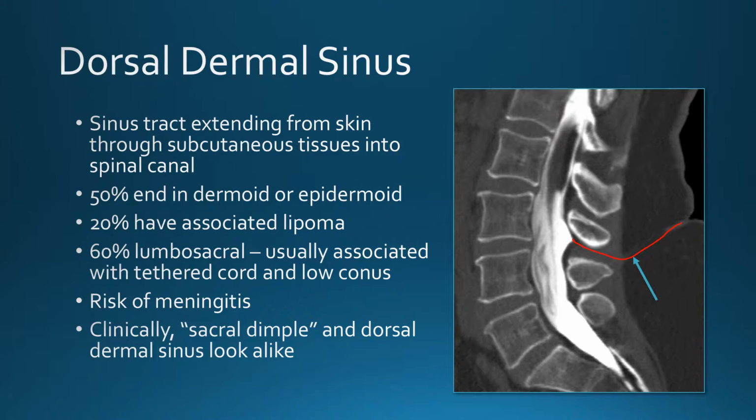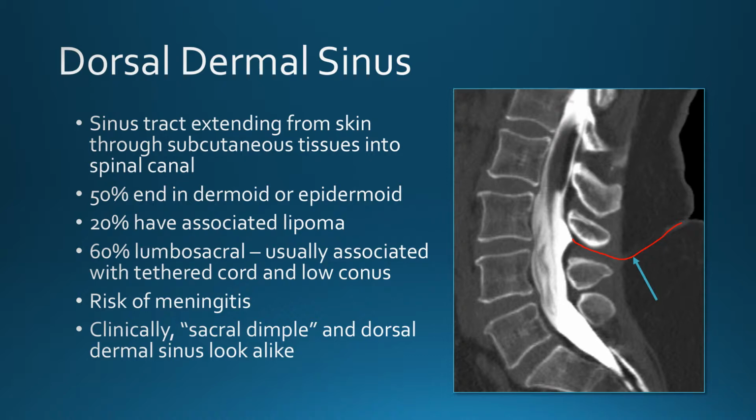These are usually in the lumbosacral region, and they're usually associated with a tethered cord and a low conus. There is some risk of meningitis because of the communication between the skin and the subarachnoid space.